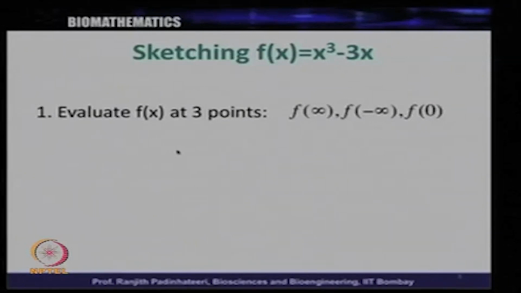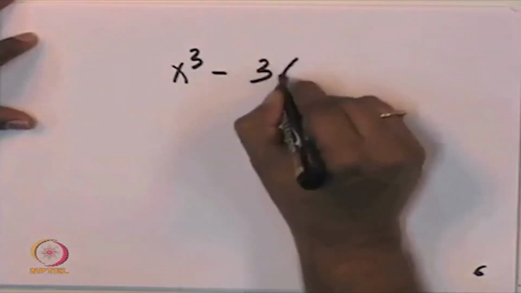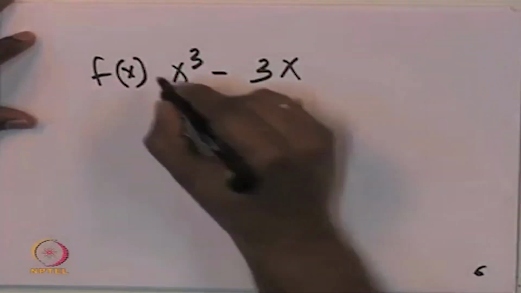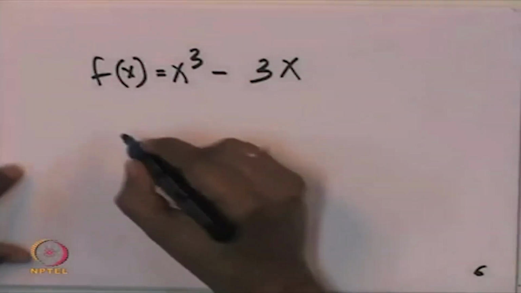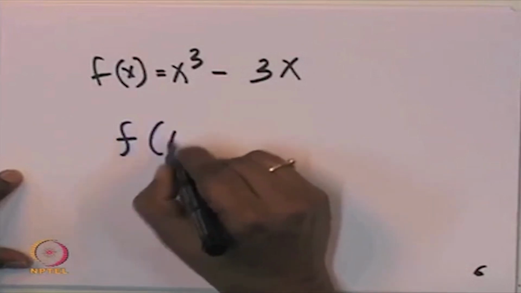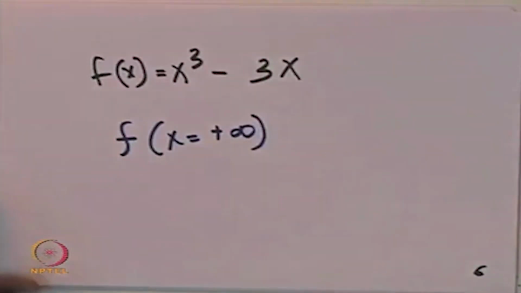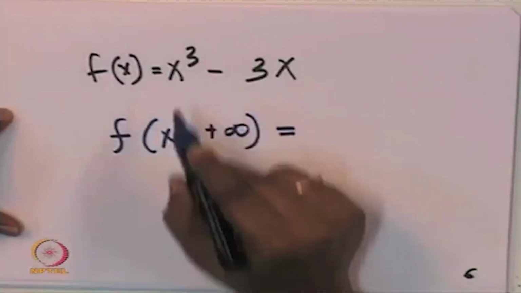So, the function we have is x cube minus 3 x. This is our f of x. First we want to find out f at x equal to infinity. That means you have to substitute x equal to infinity.